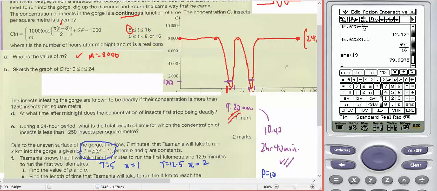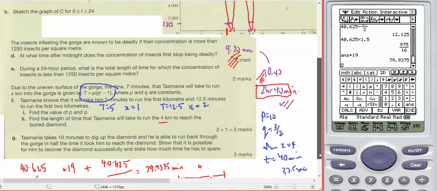So he has to leave at 9:20 and he must be back out at 10:40. 2 hours and 40 minutes duration, which is 1 hour and 20 minutes in duration. So he's got 1 hour and 20 minutes to get in and get out. He's got 80 minutes to get in and get out.